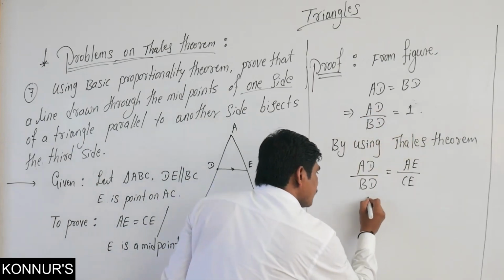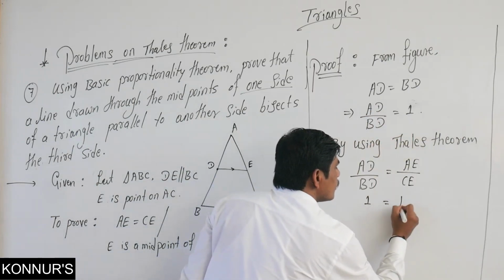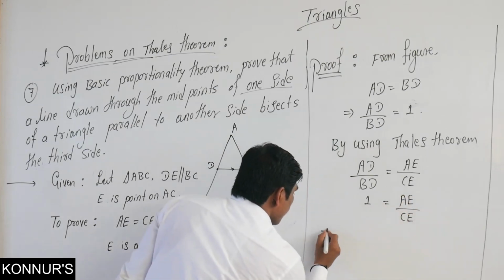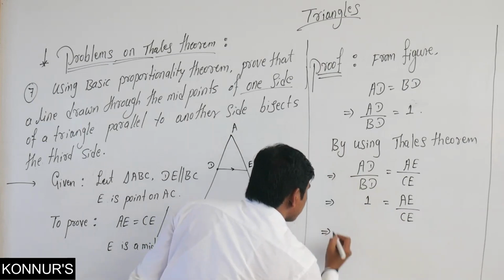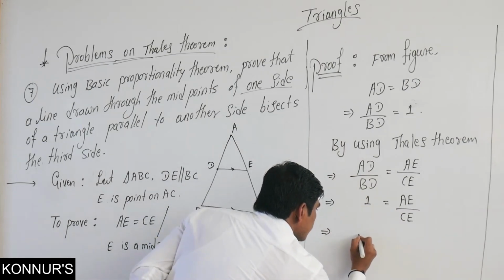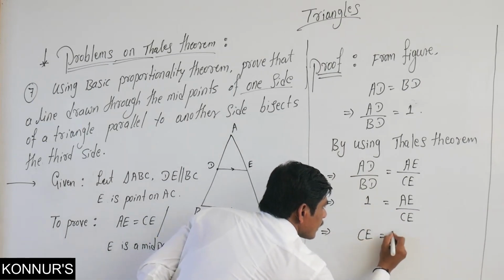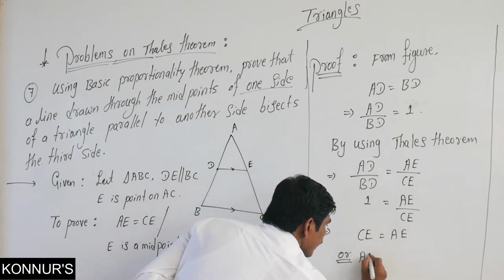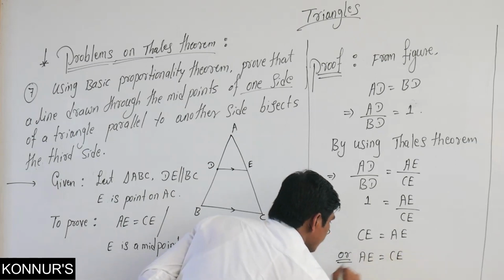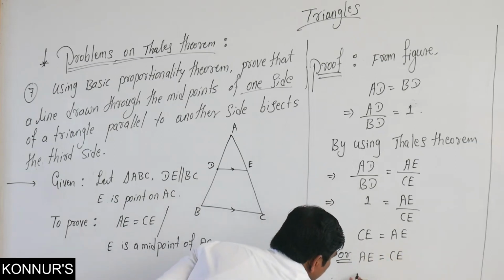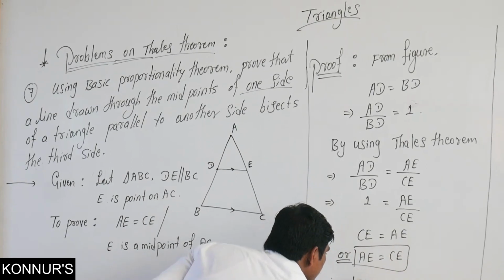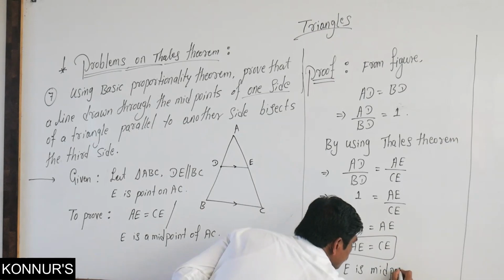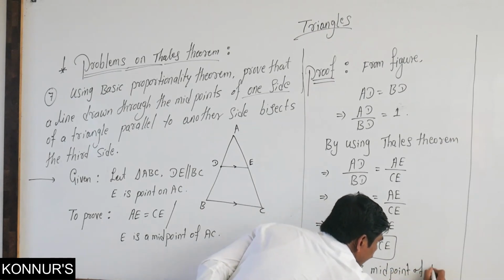Here you put 1 is equal to AE by CE, which implies CE is equal to AE, or AE is equal to CE. Therefore, E is midpoint of AC.